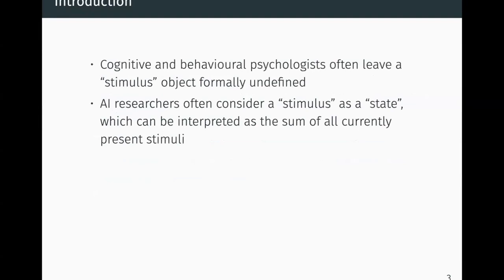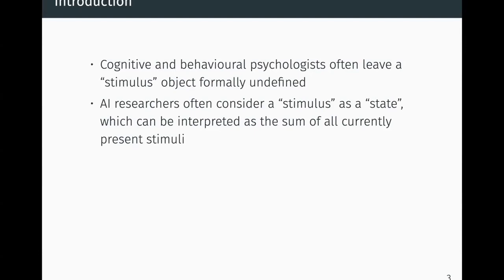The core of the question that we have kept going back to is this question of a stimulus, and that's why the title is "What is a Stimulus?" Cognitive and behavioral psychologists often leave a stimulus object formally undefined. Their theories talk in terms of stimuli, but they don't really define it. And AI researchers like myself don't really think in terms of stimulus.